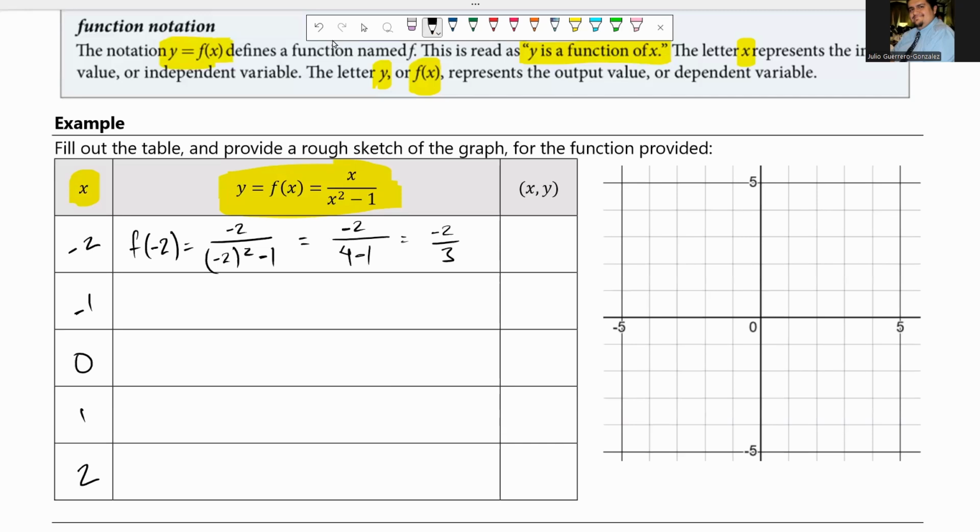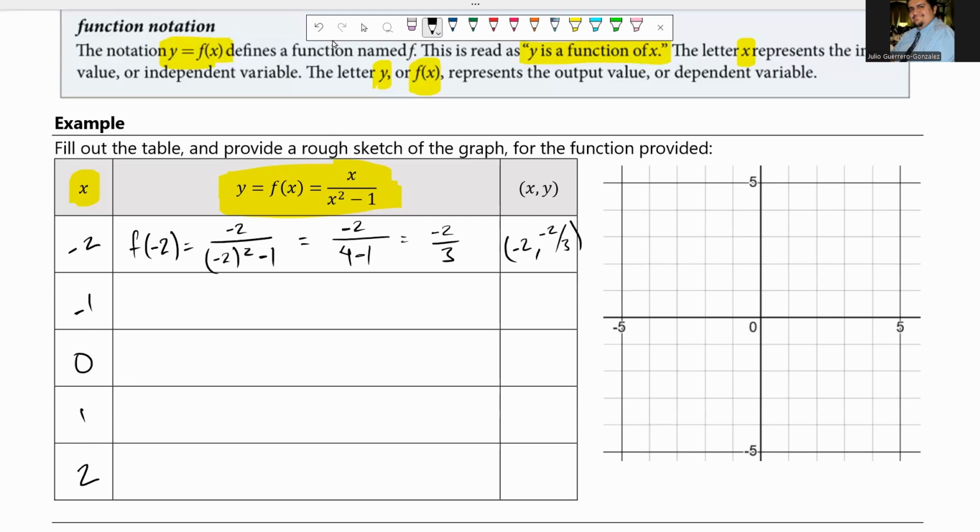Okay, this produces what we call a coordinate, an x, y coordinate, or an ordered pair. The x value that we chose was -2. The y value that we got is -2/3. There we go.